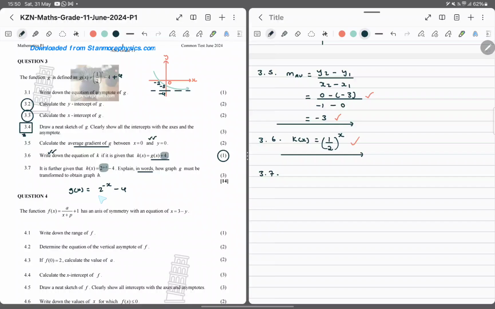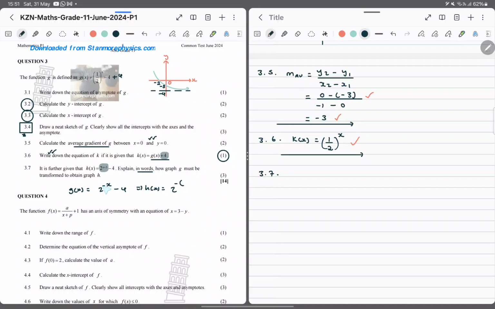So what happened now? There are 2 shifts that took place here. Let's say to transform this to h, we must have set 2 to the exponent minus.